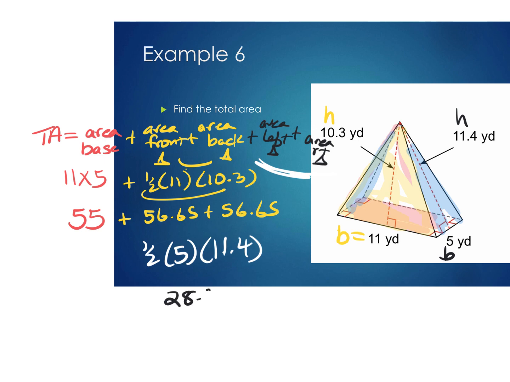Once I get that number, it's going to give me 28.5. So then I'm going to add that up here, 28.5 plus 28.5. So now all I'm going to do is add up all these numbers.